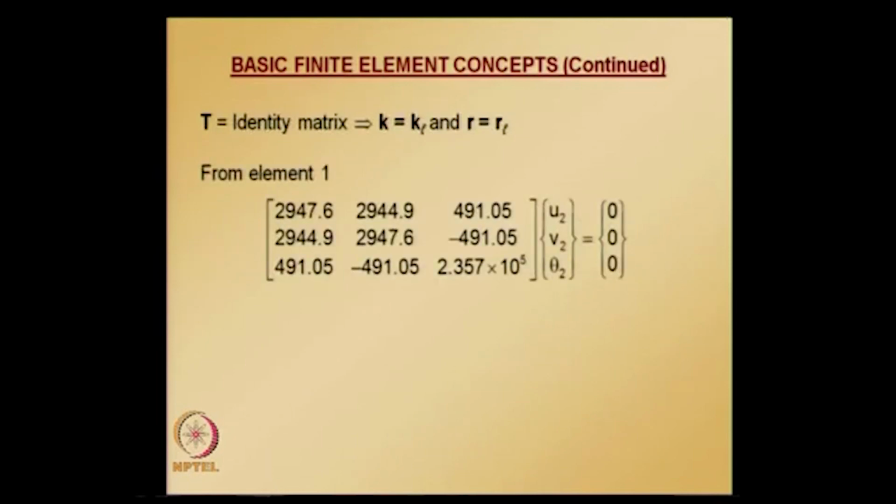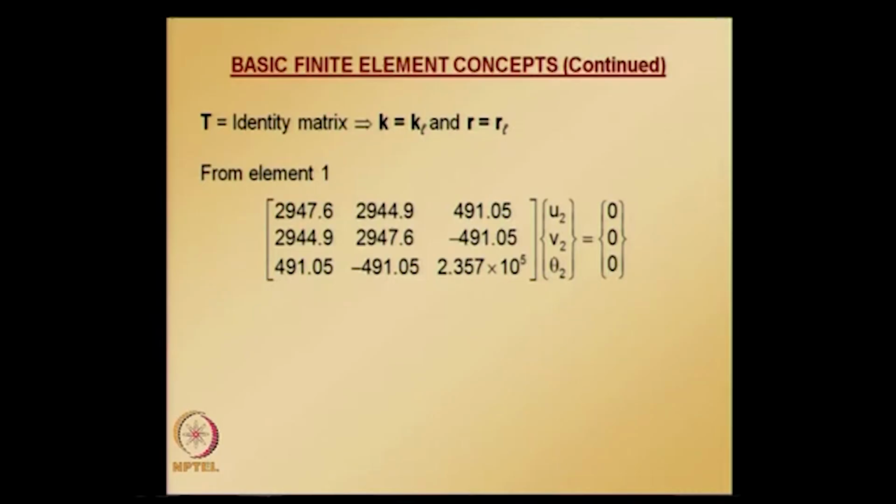For element 1, if you look at the stiffness matrix corresponding to element 1, whatever is there in the lower quadrant, those values contribute to the reduced equation system. So those values are written here.